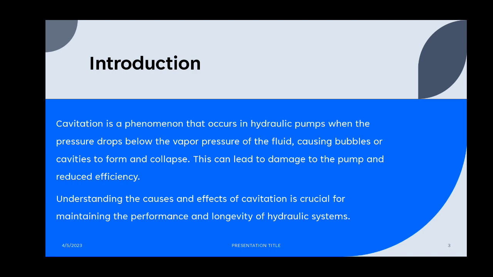As they go out of the cavitation point, out of the low pressure point, suddenly the pressure inside the pump, inside the pipe, in the fluid increases. So due to the increased pressure, the vapor bubble flowing inside the pump within the fluid will be blasted with a greater effect.